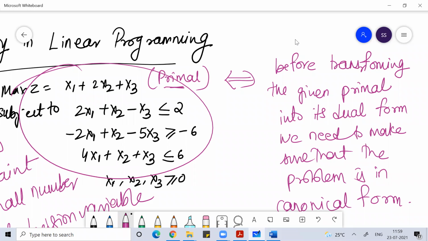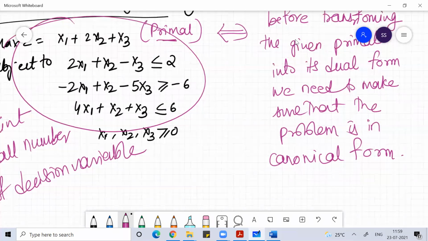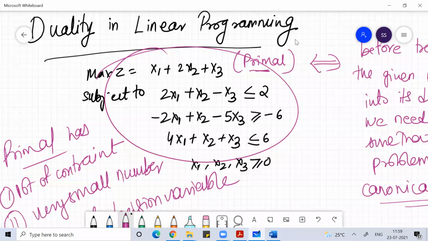Before you convert the primal into dual, you need to make sure that your problem is represented in the canonical form. What do you mean by canonical form, guys?